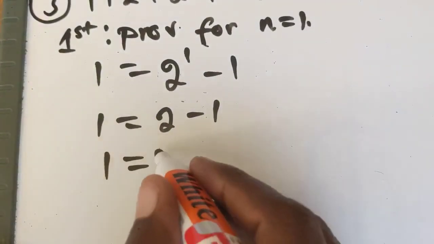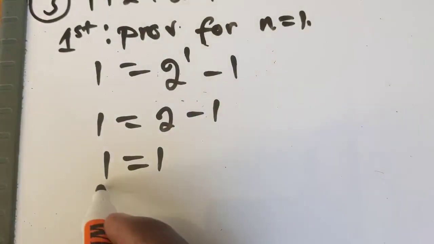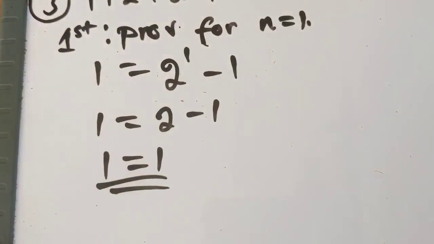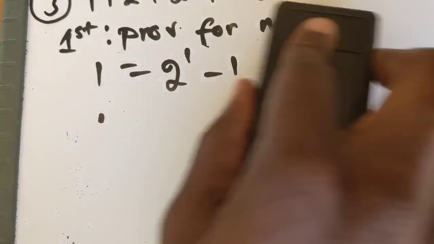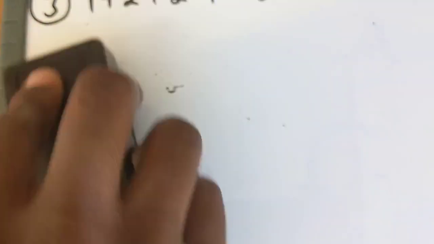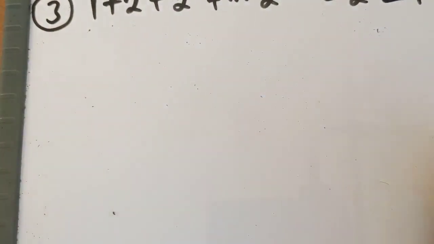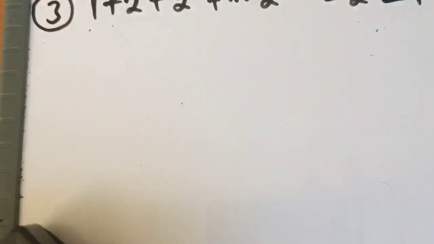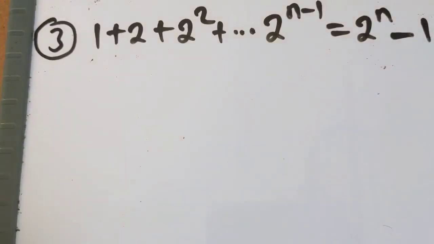So 1 equals 1, so the statement is true for n equal to 1. So that is the first step. I'm doing it fast because I know that you have understood.